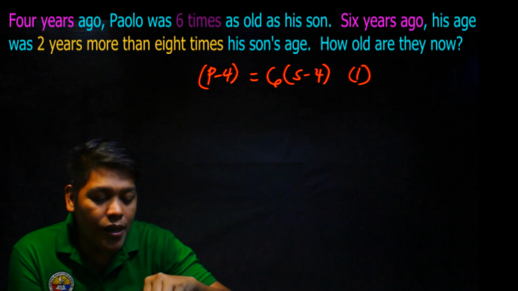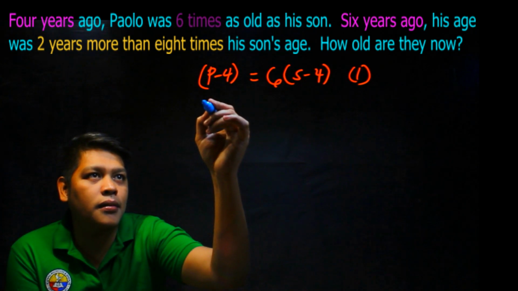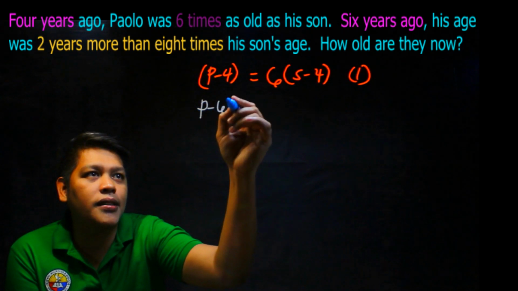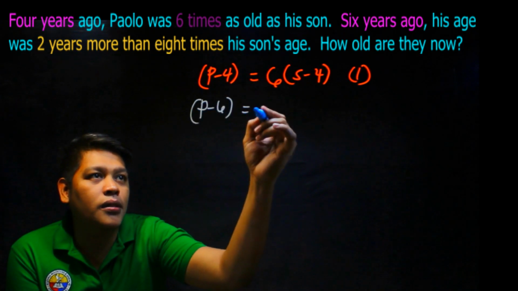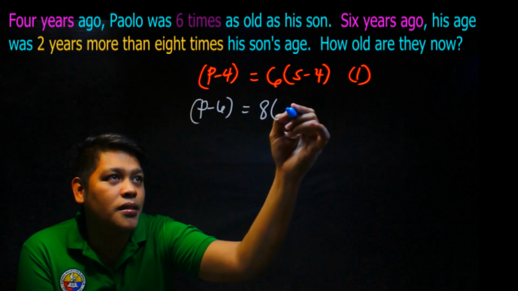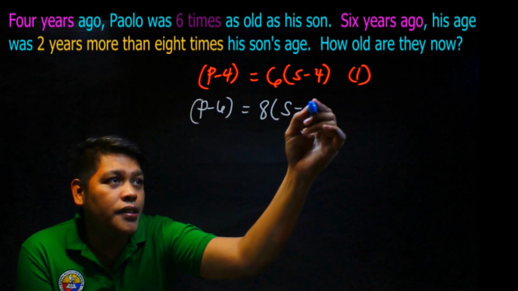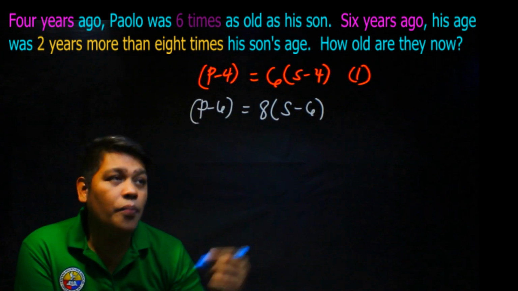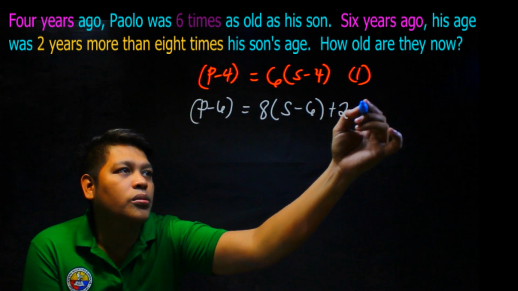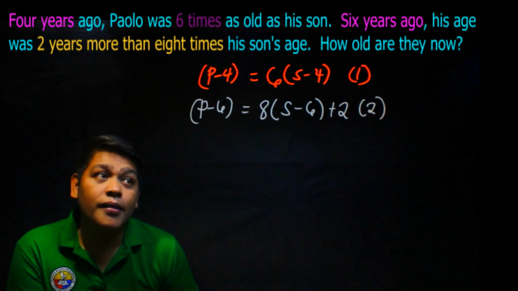Ang equation number 2 natin is P minus 6 years ago is equivalent to 8 times the son's age 6 years ago plus 2. So, this is our equation number 2.